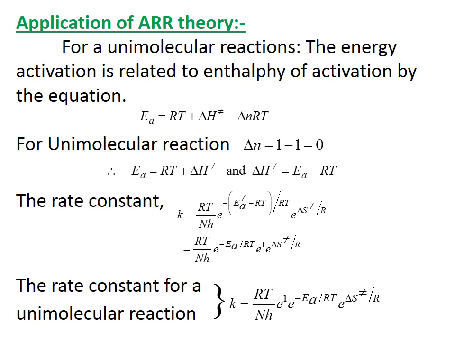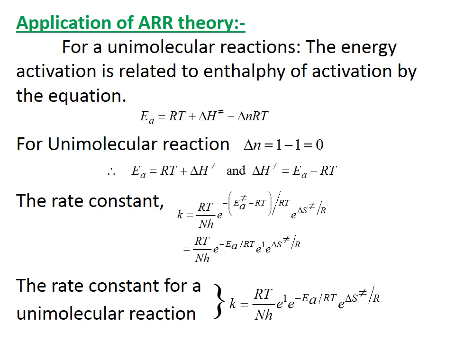Therefore, the rate constant for the unimolecular reaction k will be equal to RT by Nh e power 1 e power of minus Ea by RT into e power of delta S double dagger by R. This equation relates the rate constant with the energy of activation as well as the entropy of activation.